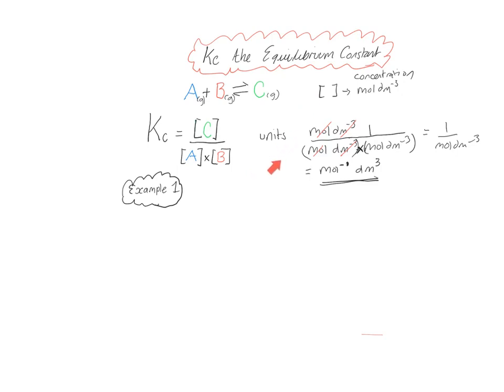Now to convert that into the units, for this simple example here, we have the concentration of C, moles per dm cubed, divided by the concentration of B, moles per dm cubed, divided by the concentration of B in moles per dm cubed. These two cancel out, top and bottom, so we're left with 1 over moles per dm cubed.